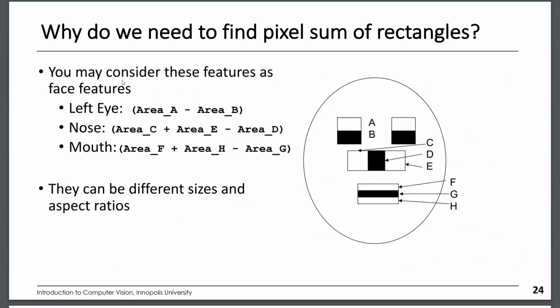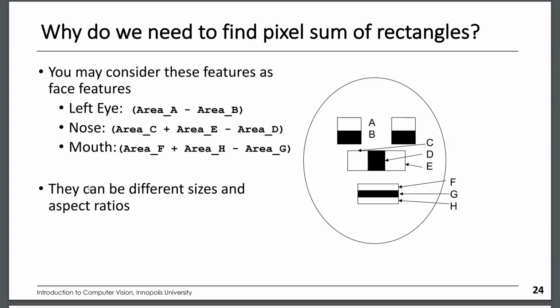You may consider these features: why do we need to find the sums? You may consider this when you are calculating these different values. So again, as we said, the sum of the white area minus the sum of the darker area. So if you're going to calculate all of these features, you're definitely going to need this sum.